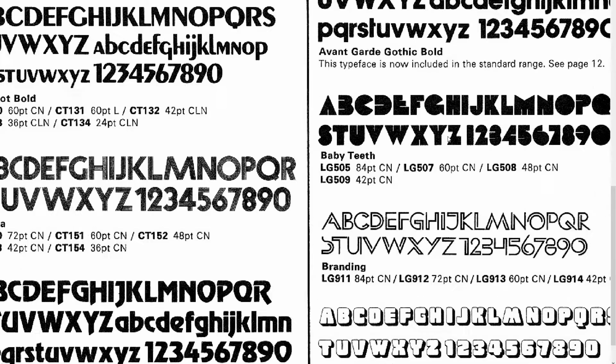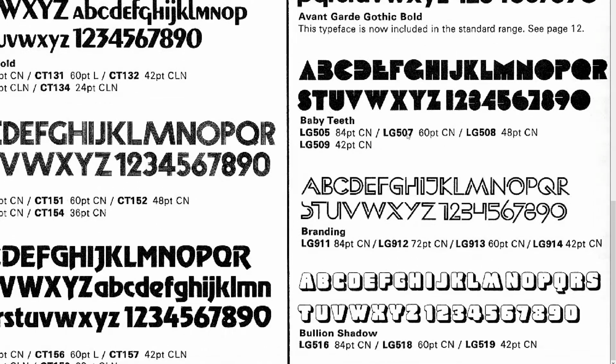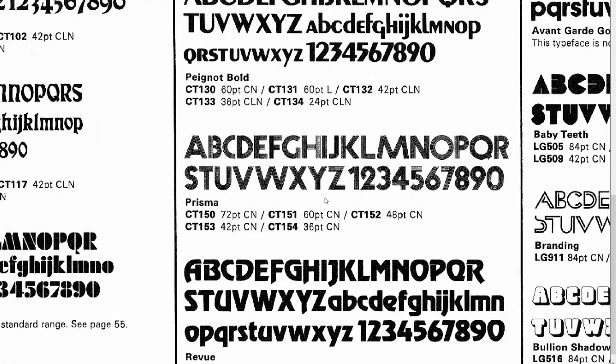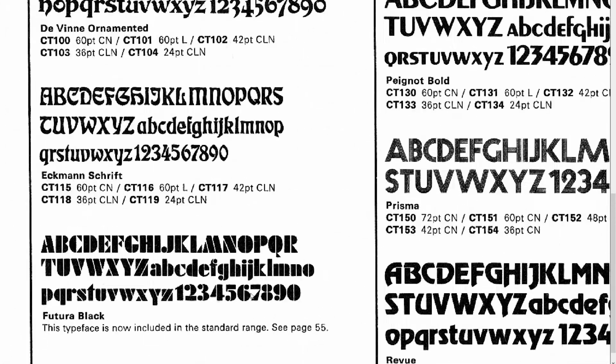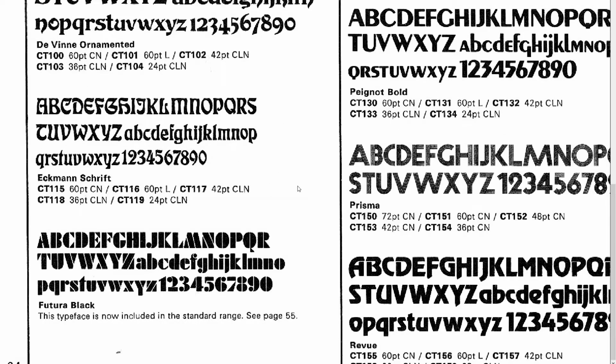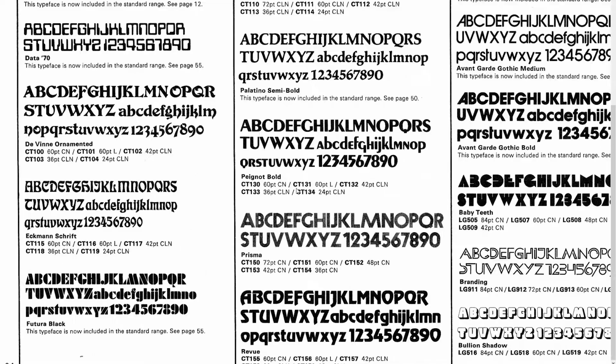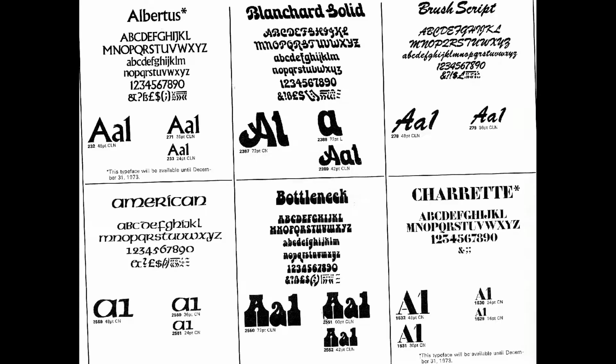But you don't see much of Baby Teeth these days, or indeed much of Bullion Shadow or Prisma, okay? Let alone Futura Black, although Futura Black's still around. Eckmann-Schrift, I don't know, maybe the Paris Metro. I don't think so. My point is that this typeface, it has a feeling as well as a reality.